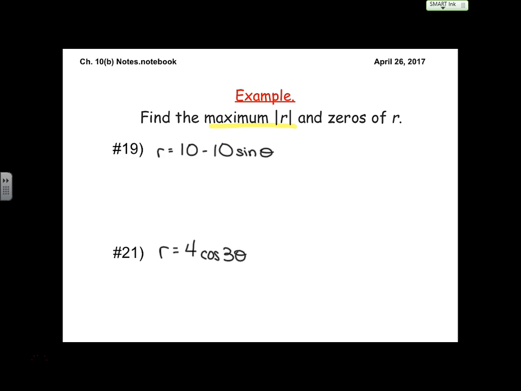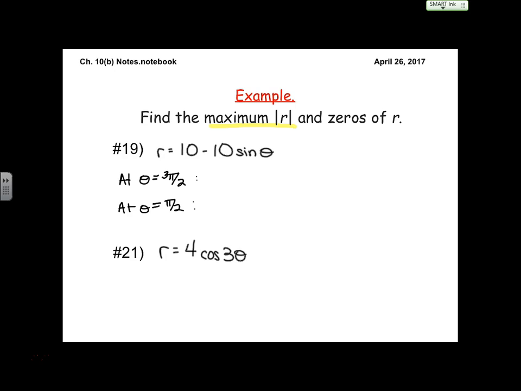For this one, I told you guys to test when sine equals negative 1 and when sine equals positive 1. So question, kiddos, when will sine equal negative 1? Yeah, 3 pi over 2. Sine will equal negative 1. And at pi over 2, sine will equal positive 1, right?